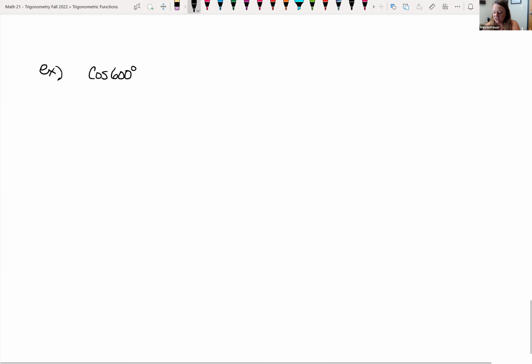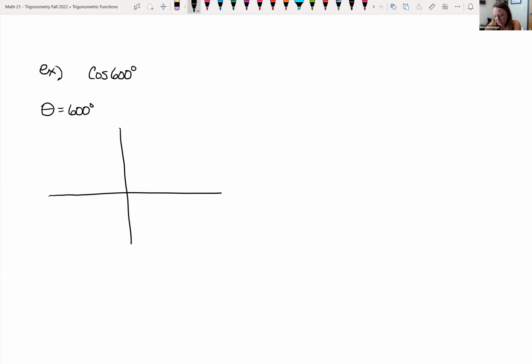So the first thing we want to do is draw our angle of 600 degrees. It's more than 360, so I know we're doing at least one full revolution.